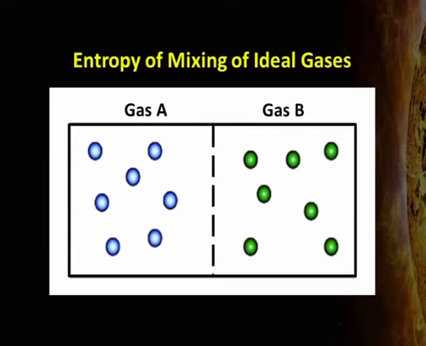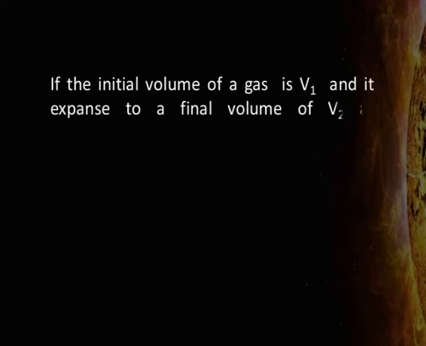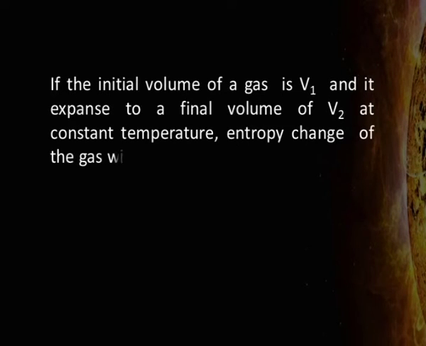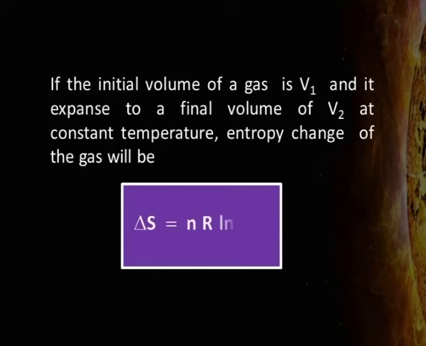To calculate the entropy change, let us consider the two separate expansions, that is, the expansion of gas A and the expansion of gas B. If the initial volume of a gas is V1 and it expands to a final volume of V2 at constant temperature, then entropy change of the gas will be given by delta S equal to nR natural log V2 divided by V1.